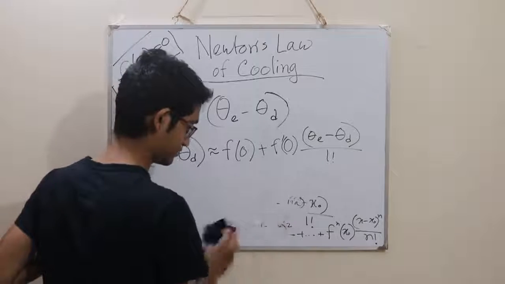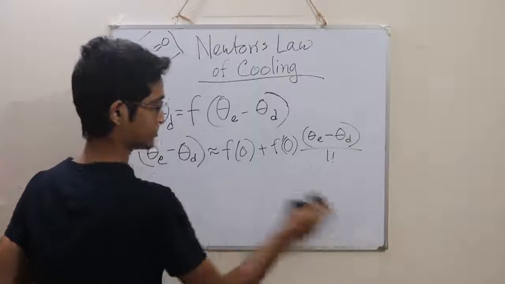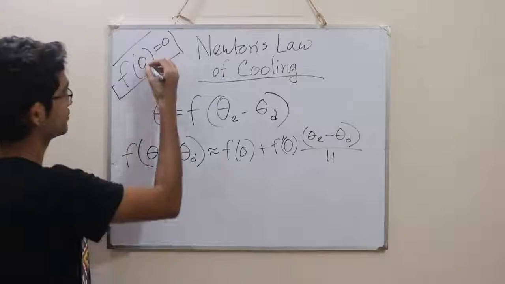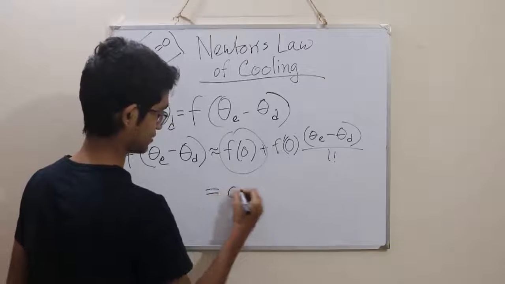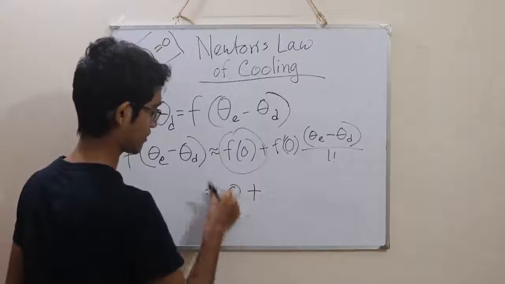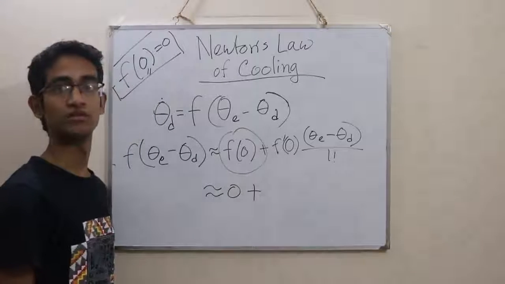Now let's use the known value of f of 0 that we already know. F of 0 is 0. So this thing is 0. Oh my mistake, this should be approximately equal to.